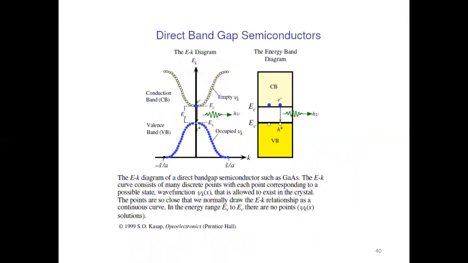Now, direct band gap semiconductors: if you consider an E-k diagram, which is an energy and momentum diagram, of a direct band gap semiconductor such as gallium arsenide, we have that the wave function is allowed to exist in the crystal.